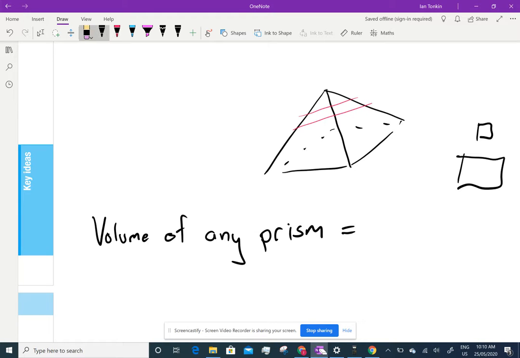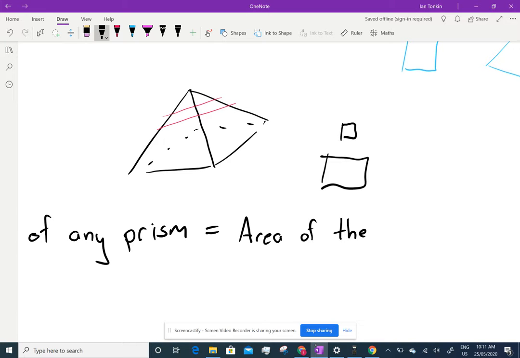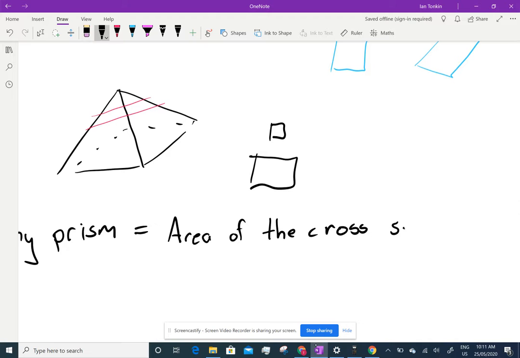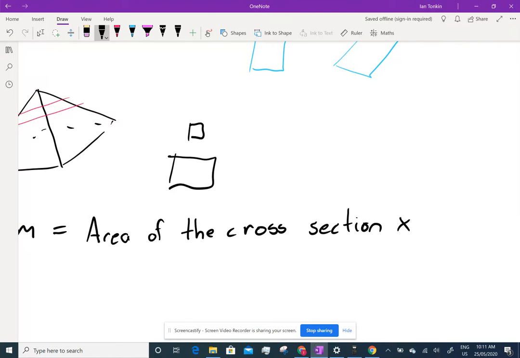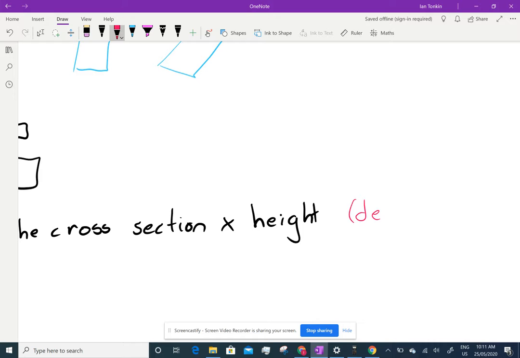Volume of any prism is the area of the cross-section times the height. Now, that sometimes will not be up, it'll be back. You can also consider it to be the depth of the prism or how many slices.